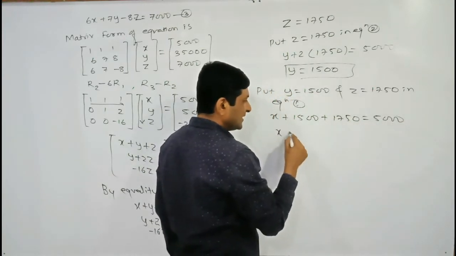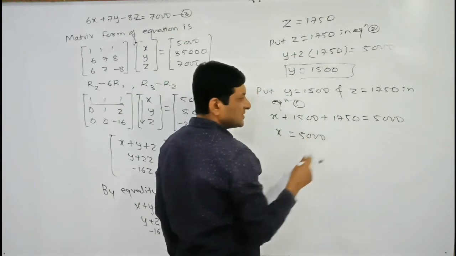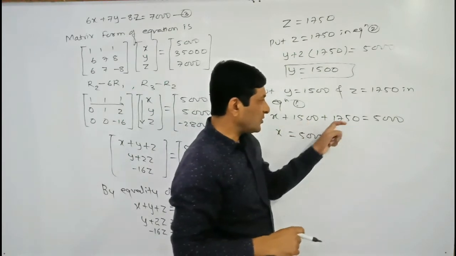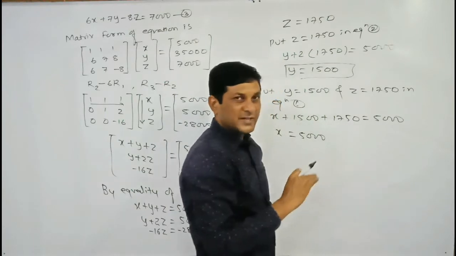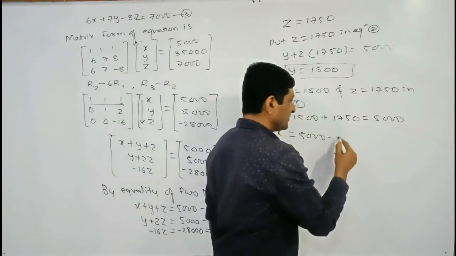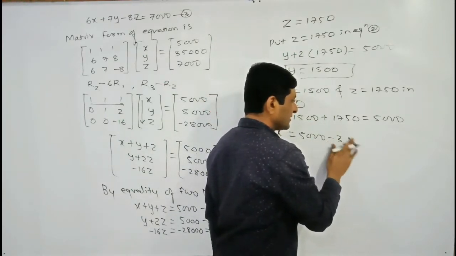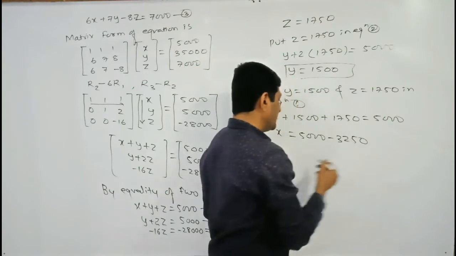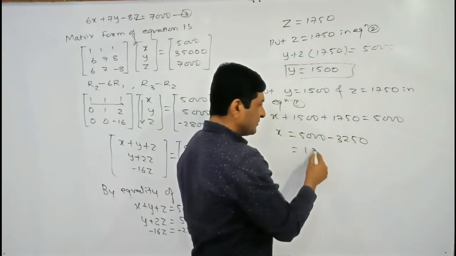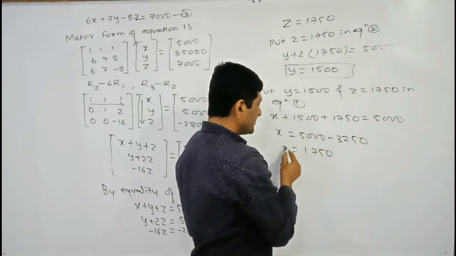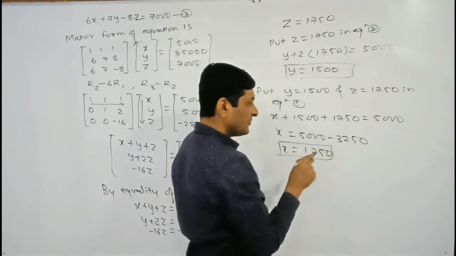So x is equal to 5000 minus their addition, 3250, and their difference will be equal to 1750. In this way we have got the value of x also.